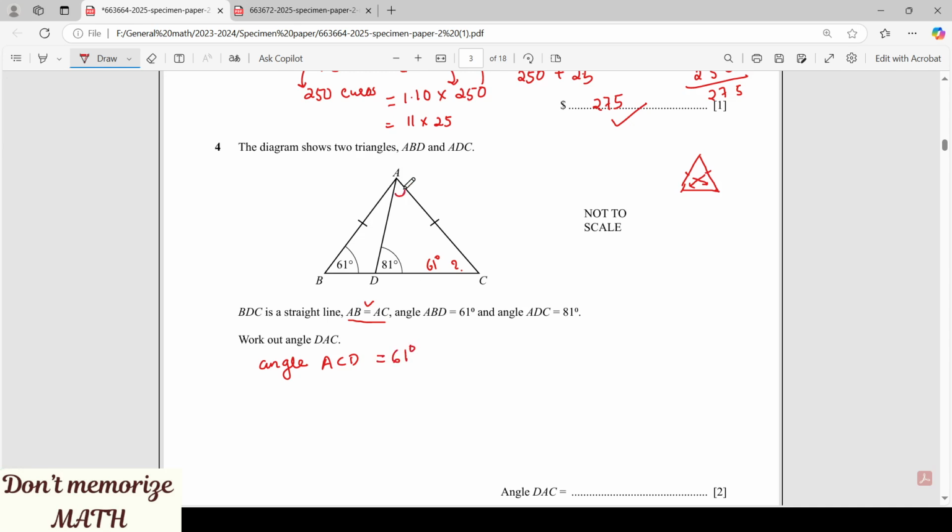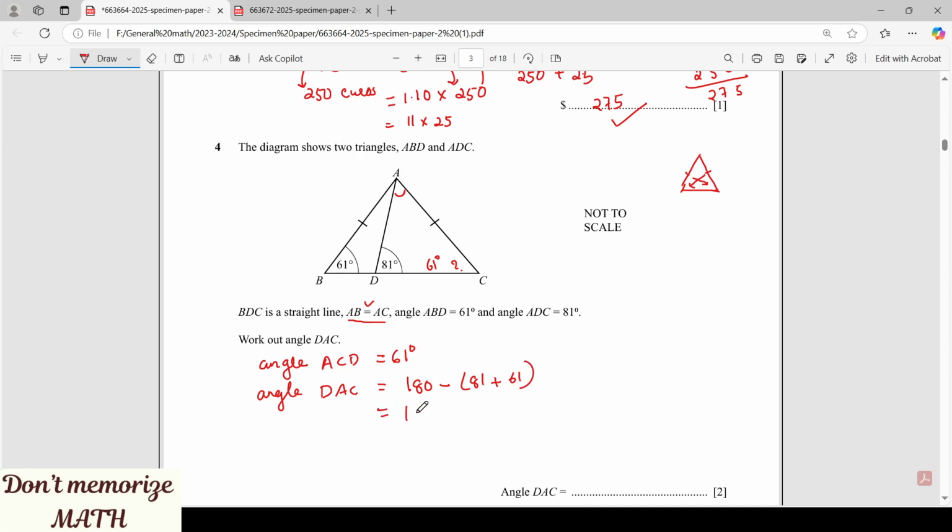So now you can directly find angle DAC. In this triangle, the sum of all the interior angles of a triangle is 180 degree. So you can find it: 180 minus (81 plus 61) degree.